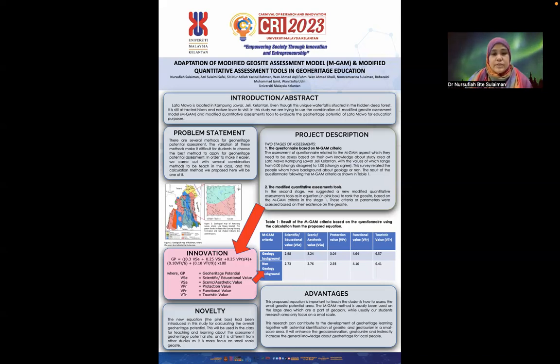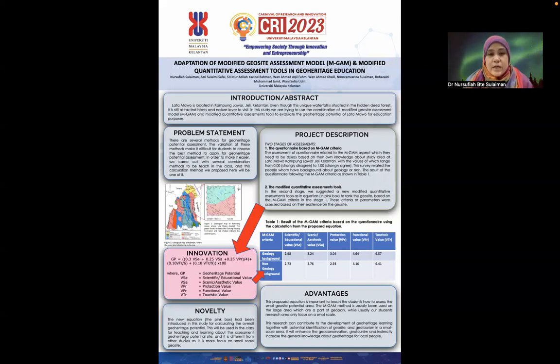As a result, Table 1 shows the result of the MGAM criteria based on the questionnaire that we distributed and the calculation from the equation that we propose. As you can see, the difference between geological and non-geological backgrounds is only in the scenic and functional values, rather than the scientific, protection, and touristic values.